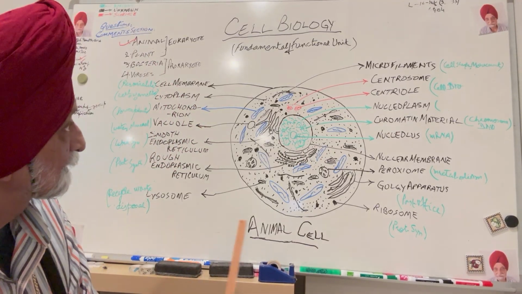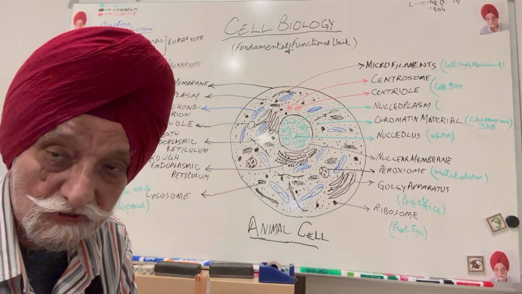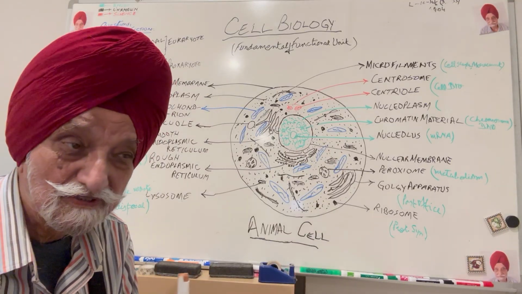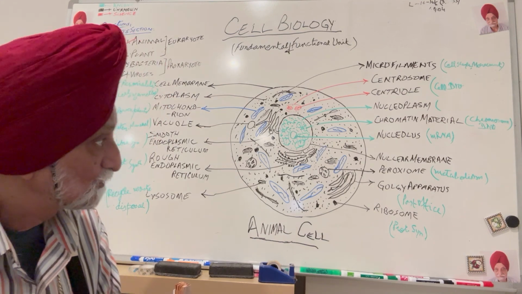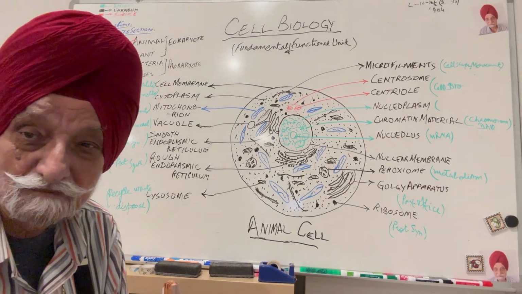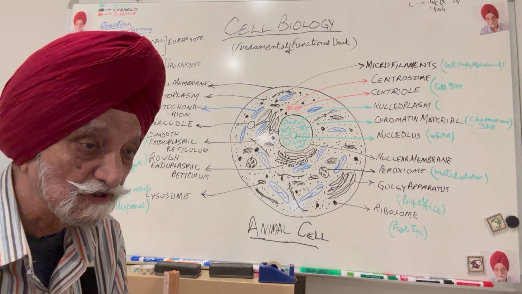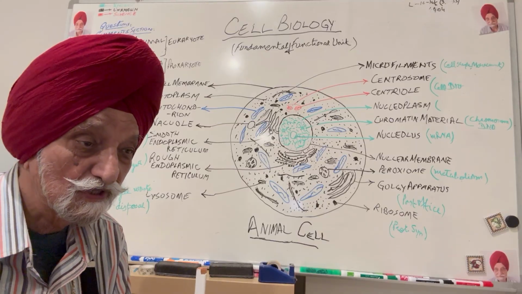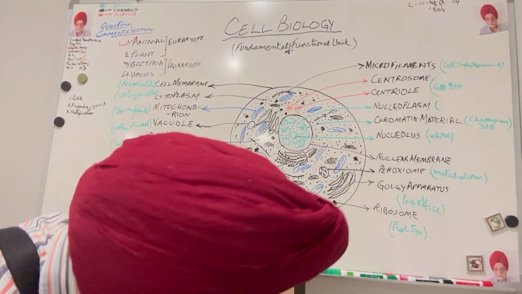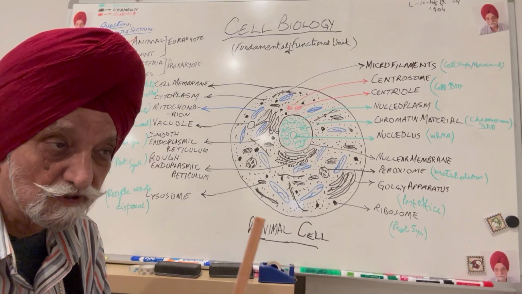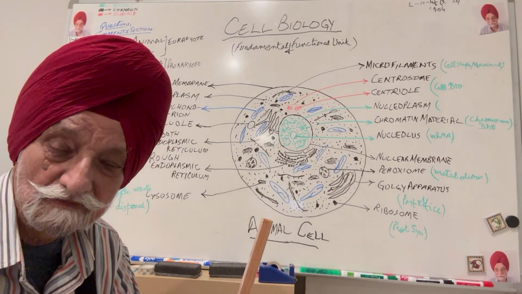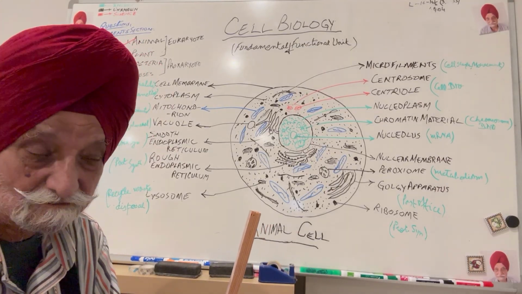We shall be looking at eukaryotes with reference to the human body. So of the two types of cells, prokaryotes and eukaryotes, we shall be looking at eukaryotes first. Actually, eu means new, modern, and pro means primitive or the old ones.